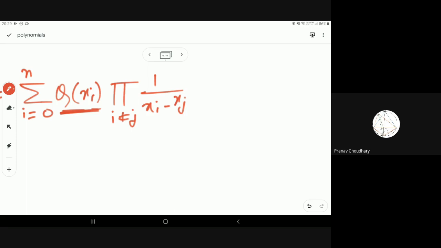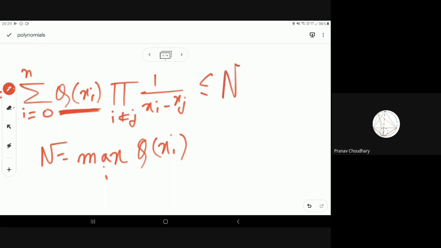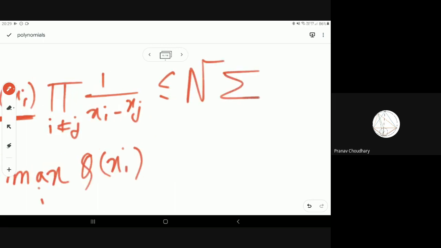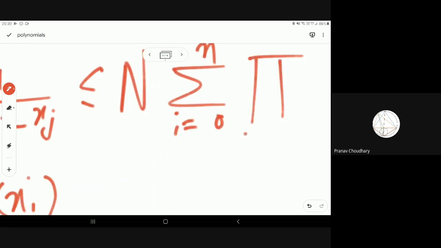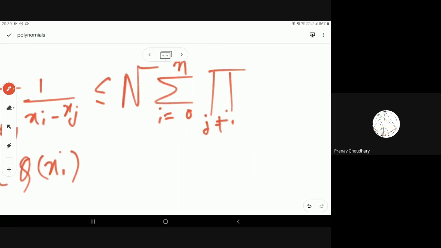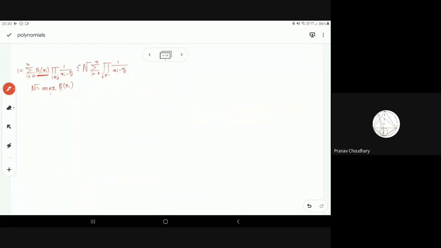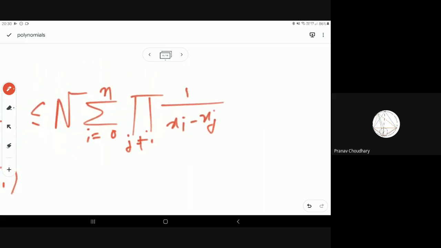Suppose, given the values of q(xi), that m equals the max over i of |q(xi)|. Suppose m is the maximum value of the q(xi) given, then you can bound this by m times the summation i equals 0 to n of the product over j not equal to i of 1 over |xi minus xj|, right? So what's next?